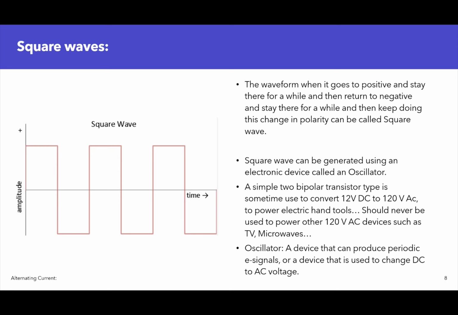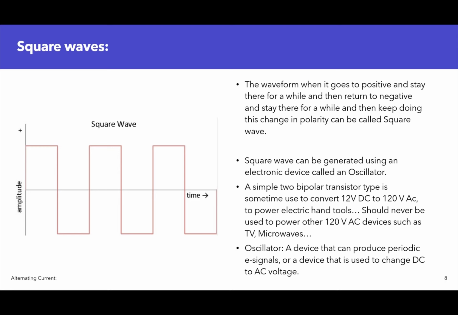It will create these waves for you. But there is another device we will talk about later that converts DC to AC, and another device that converts AC to DC. Hang tight, guys, we will talk about them too. So this is your definition of an oscillator.